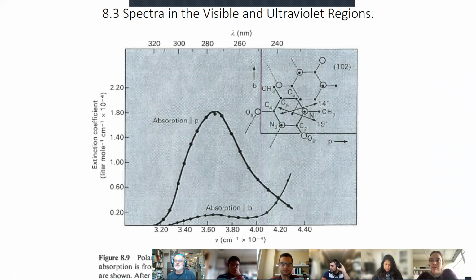Oh, P and N has to do with orientations on the figure. So it's parallel to PB this way, and it's parallel to P. So this is B and this is P, showing you that it's the P orientation where the alignment between the moment basically in the molecule corresponding to the electric vector in the polarized light.